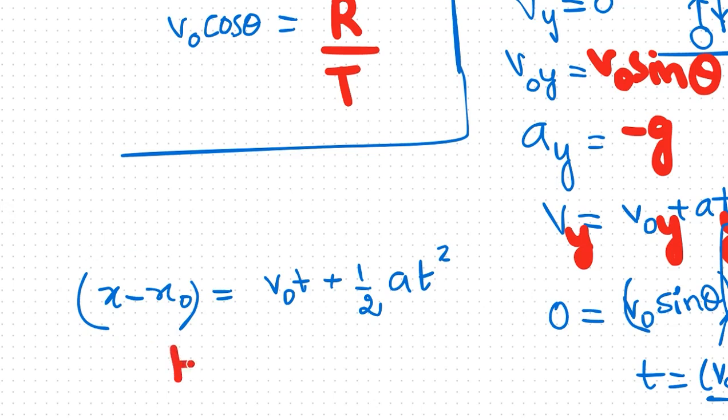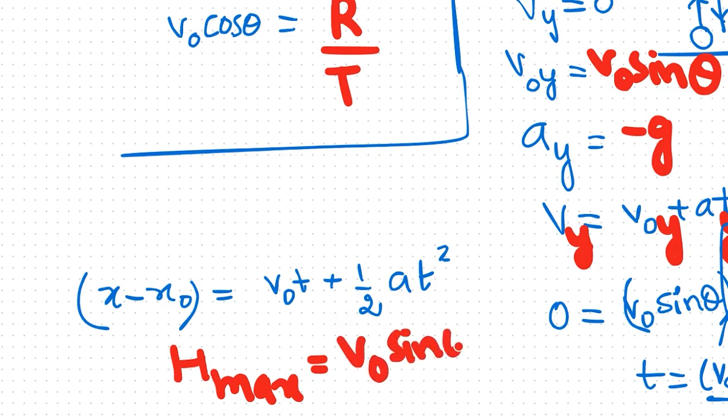It will be the H max, right? Good. H max, we just did. So H max is equal to V naught y, which is V naught sine theta, times t, minus 1/2 g t squared.